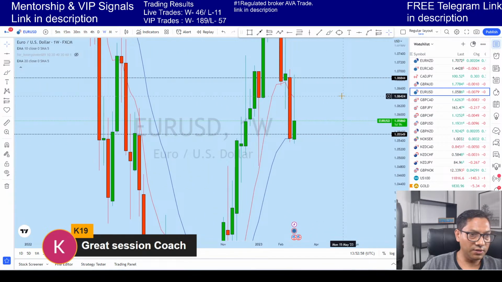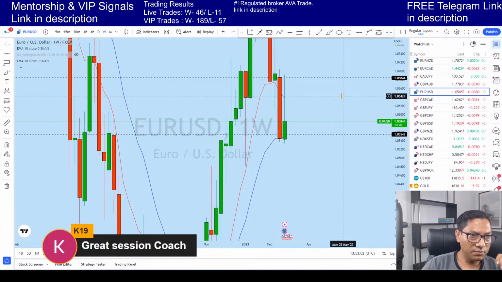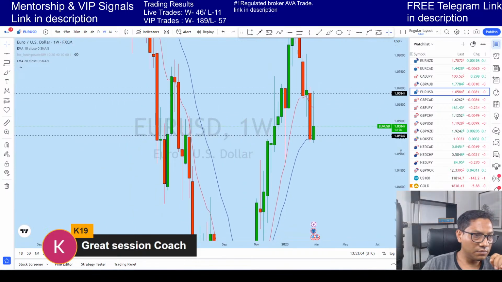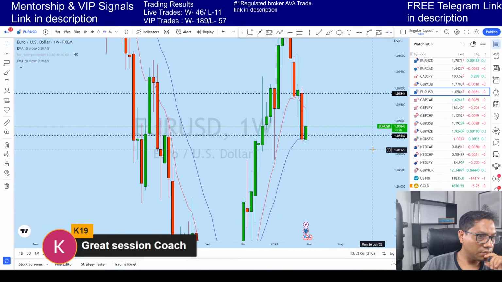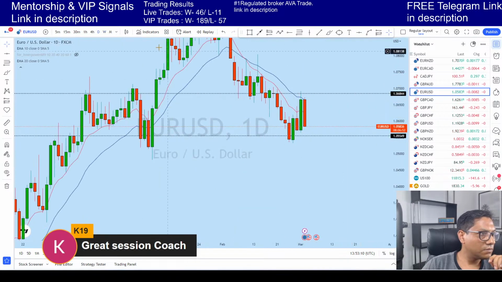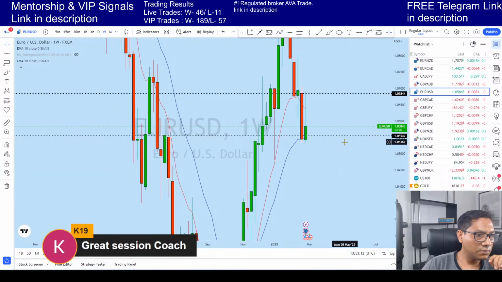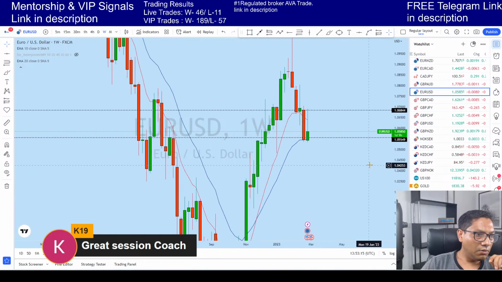With that said, euro dollar is breaking to this support, and I think this market will just jump back from this support.